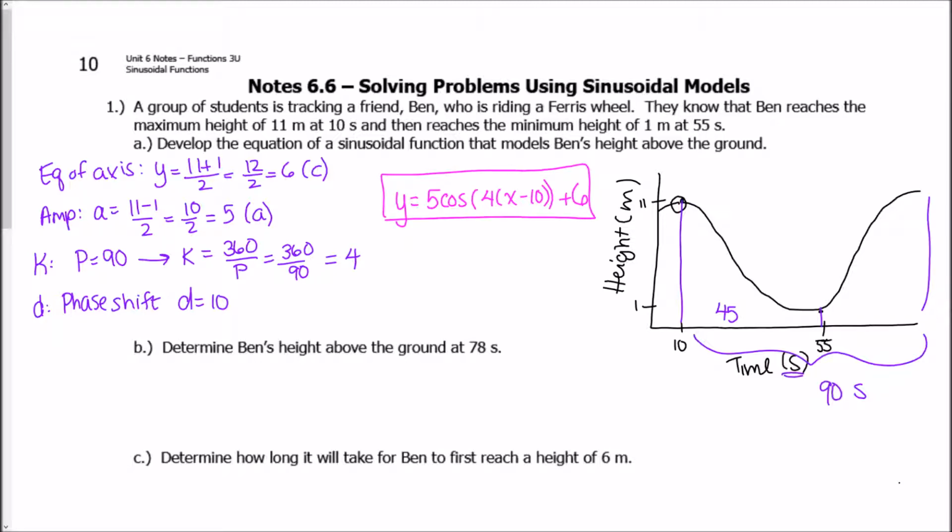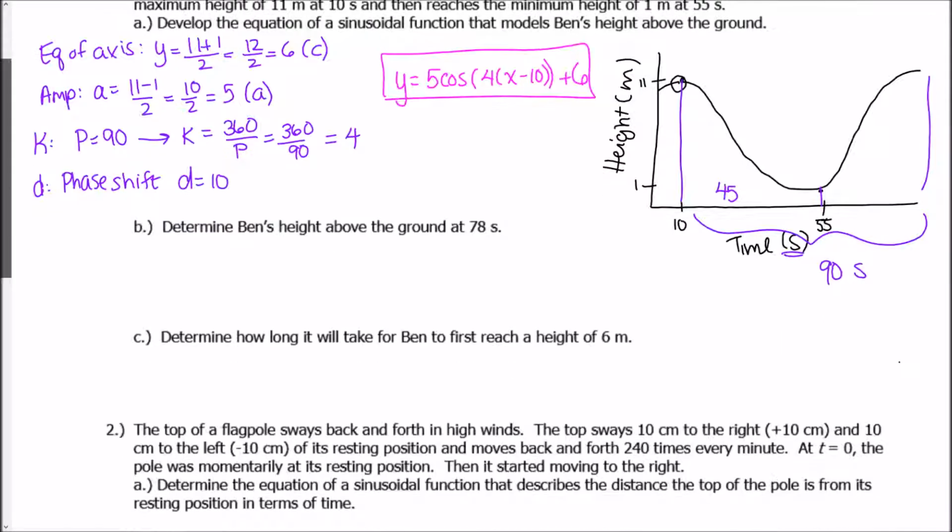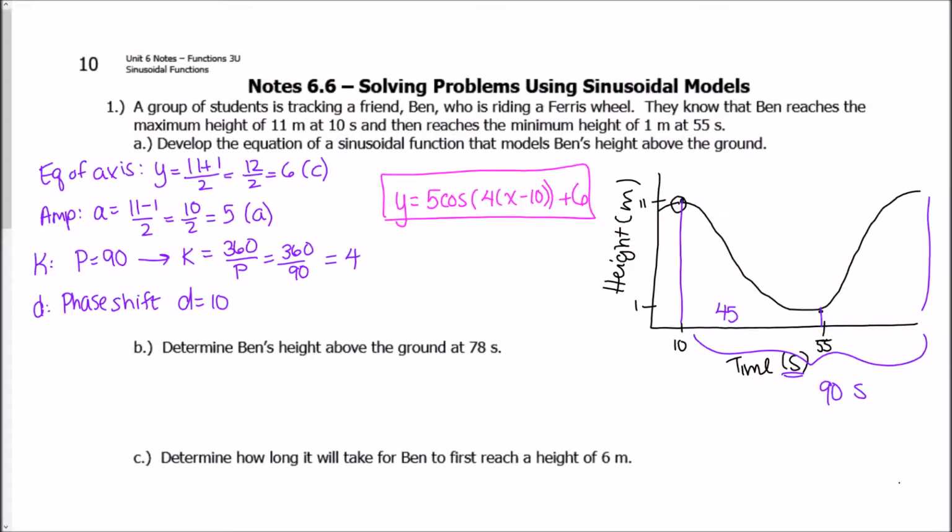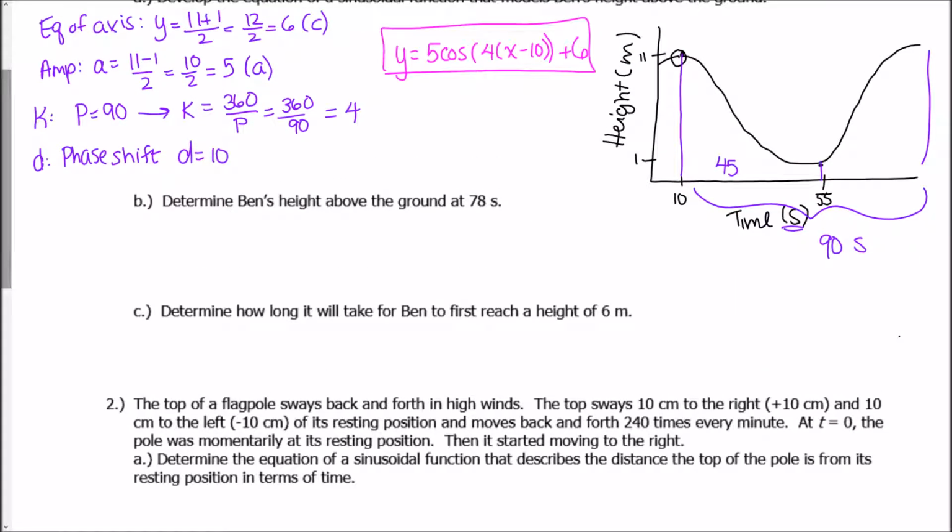Okay? All right, so now that I've done that, question B asks us to determine Ben's height above the ground at 78 seconds. So I'm going to plug in 78 for our x value right here. So I'm going to say y equals 5 times the cosine of 4 times (78 minus 10) plus 6.